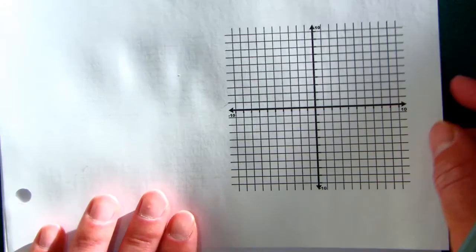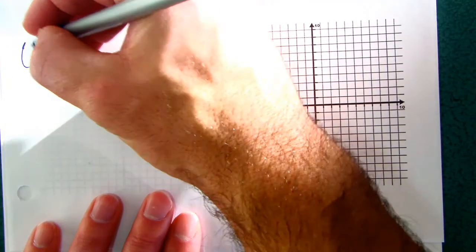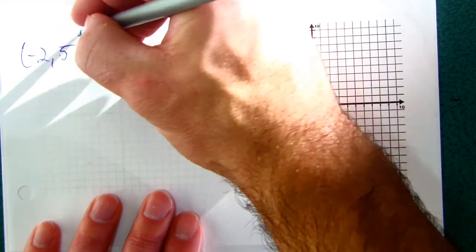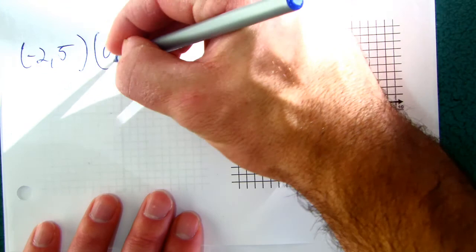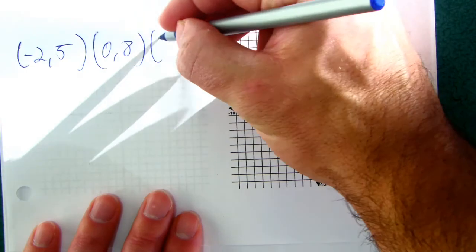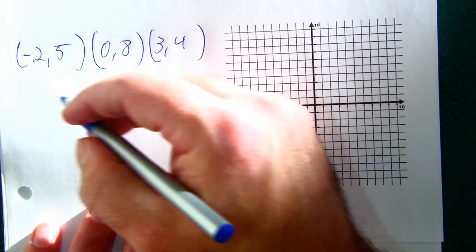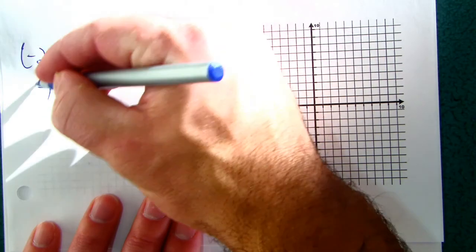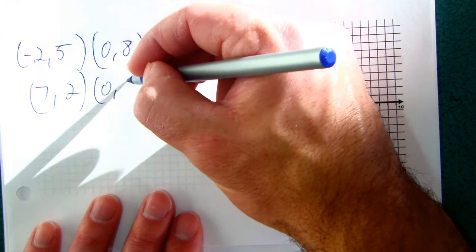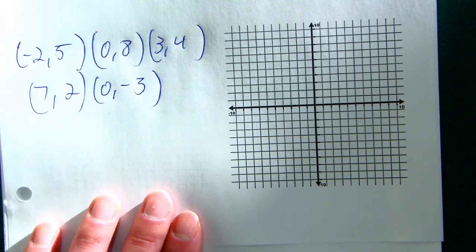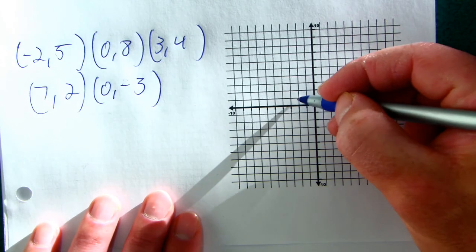All right, and then last up, if I gave you a series of points, so let's say negative 2, 5, 0, 8, 3, 4. Those 5 points. So first up was negative 2, 5.